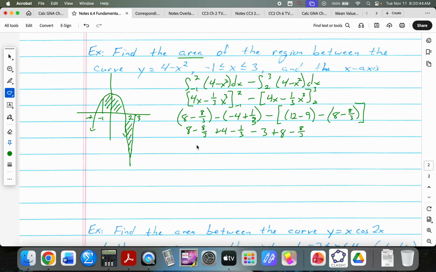So then the whole numbers, I've got 8, 8 is 16, plus 4 is 20, minus 3 is 17. And I've got minus 8/3, minus another 8/3 is minus 16/3, minus 1/3, that's minus 17/3. So it's 17 minus what, 5 2/3? So that's 11 1/3.